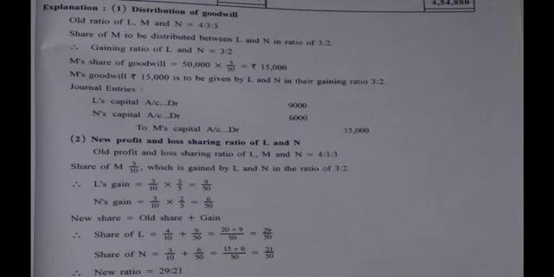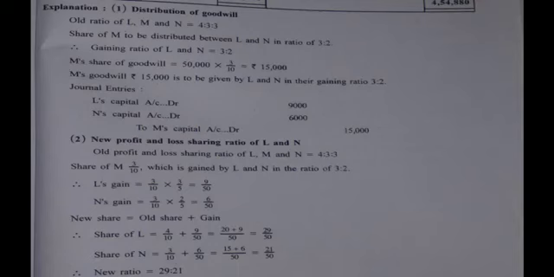Distribution of goodwill is what we are dealing with right now. Old ratio of L, M and N is 4:3:3. We know this. Share of M to be distributed between L and N in the ratio of 3:2. This is your first adjustment, and this is the gaining ratio.